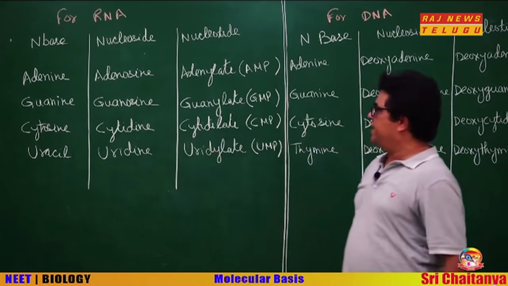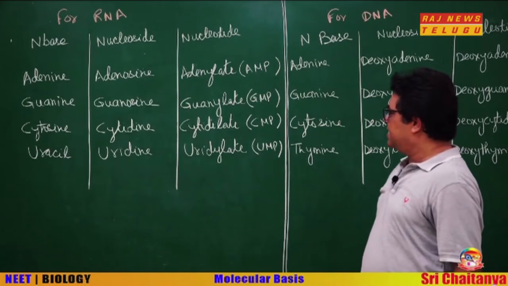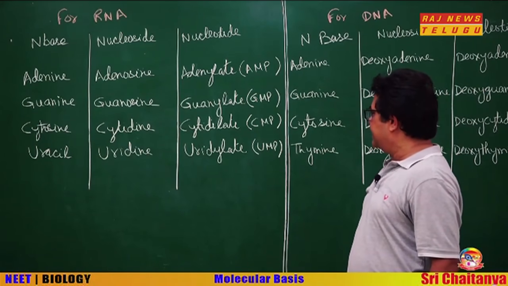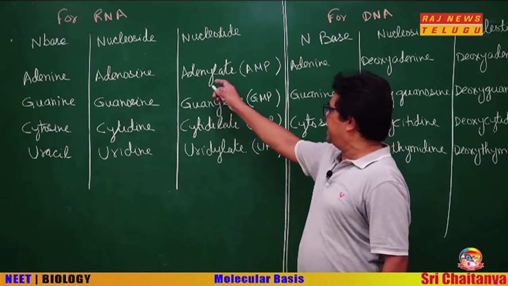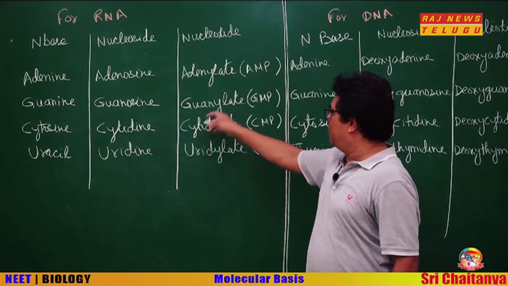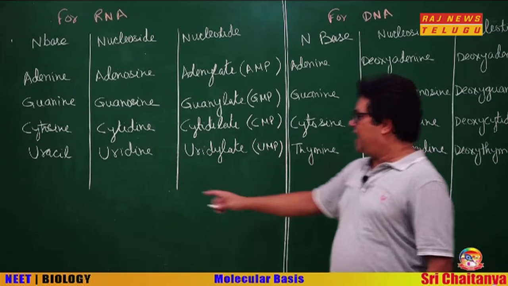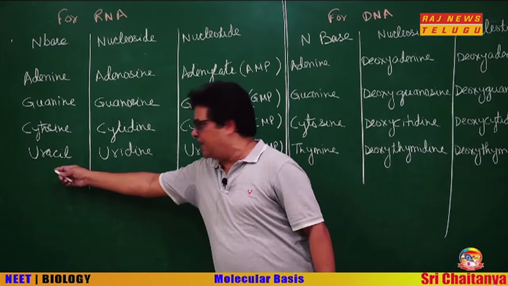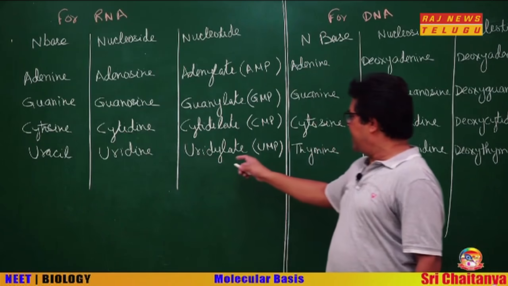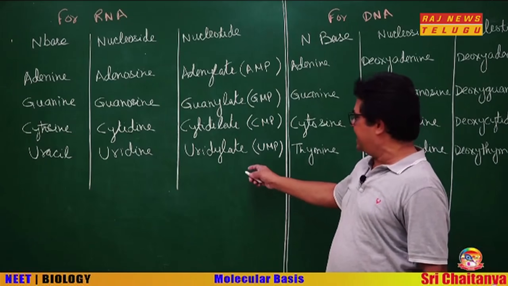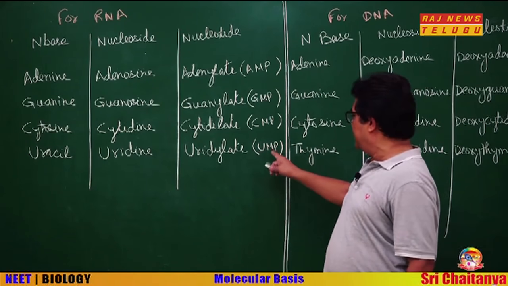Similarly, guanine, guanosine, guanylate; cytosine, cytidine, cytidylate; or you can also say adenylic acid, guanylic acid, cytidylic acid. And you know uracil is present only in RNA. So, uracil, uridine and uridylate or uridylic acid.